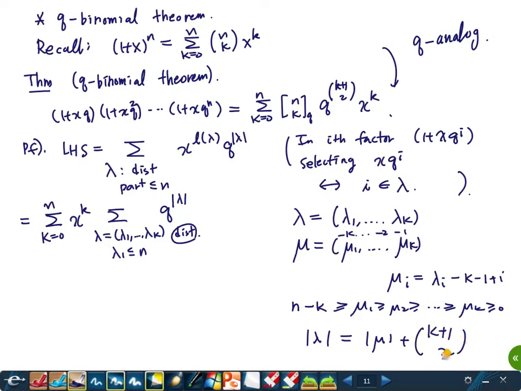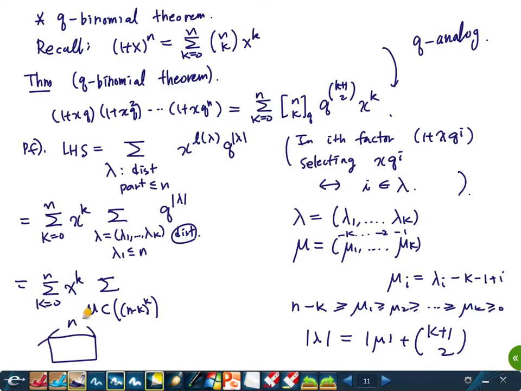This is the sum of integers 1 through k. This is a one-to-one correspondence, and you can rewrite this way. Instead of summing over lambda, we sum over mu, but now mu is a partition where the largest part is n minus k, and we have k parts, where we may have 0 parts. So in other words, mu is a partition inside this n minus k by k rectangle. Any partition. And q to the k plus 1 choose 2 plus the size of mu.